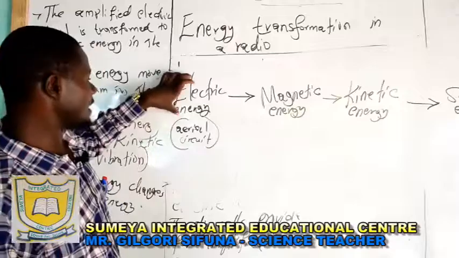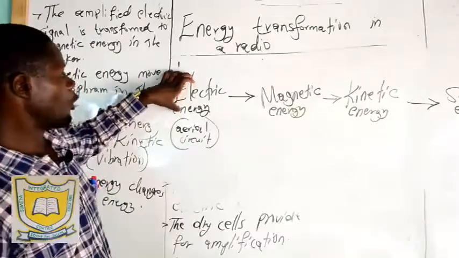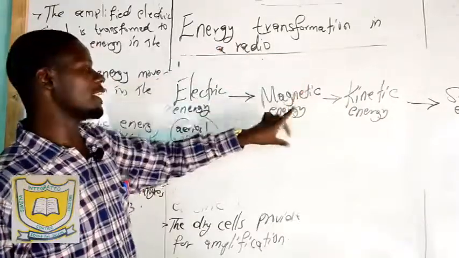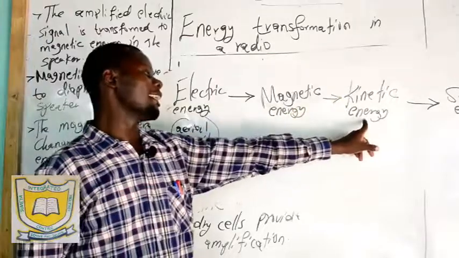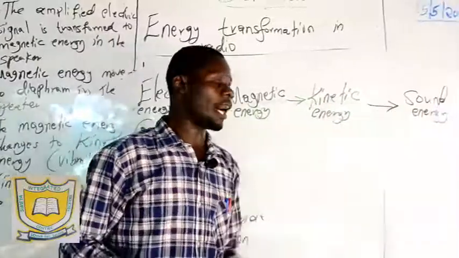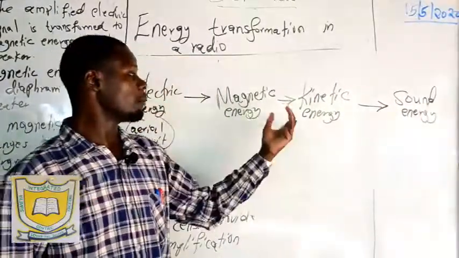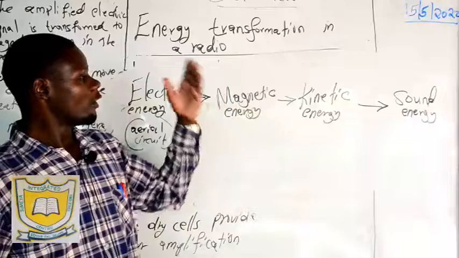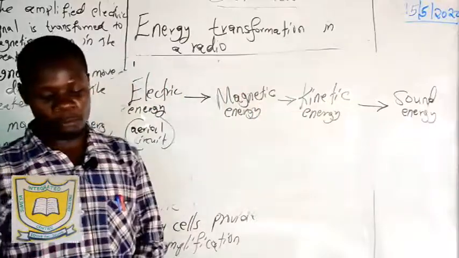So we have the electric energy in the radio, followed by the magnetic energy which is found in the speaker. Then we move to kinetic energy, movement of the diaphragm in the speaker. Then lastly we will have production of sound, which might be people speaking or production of music.